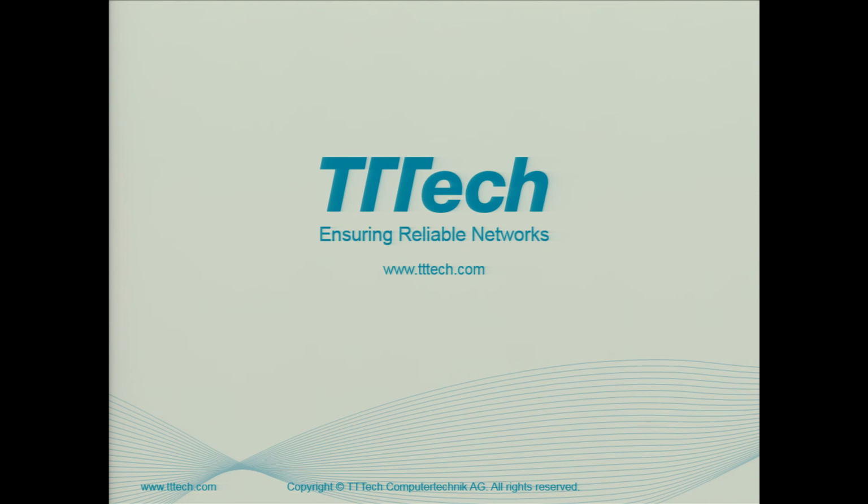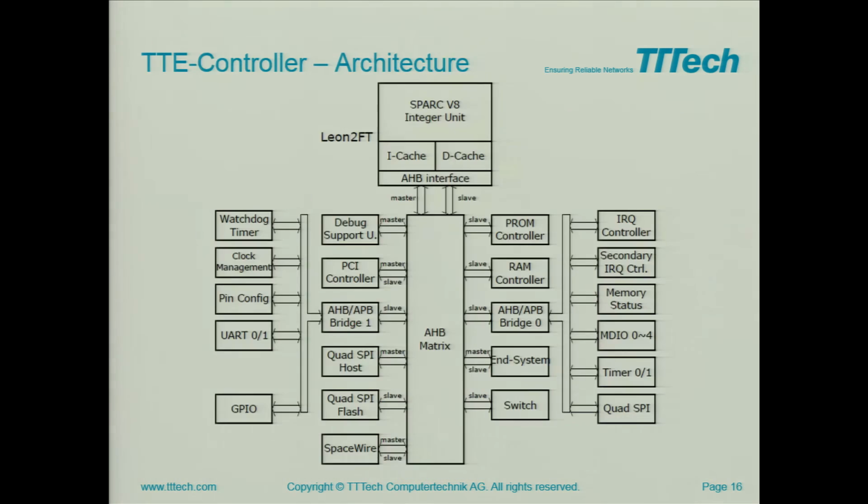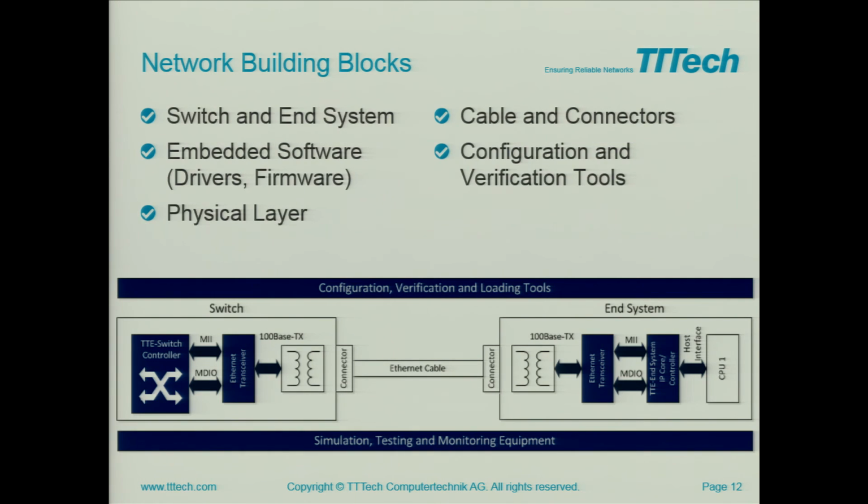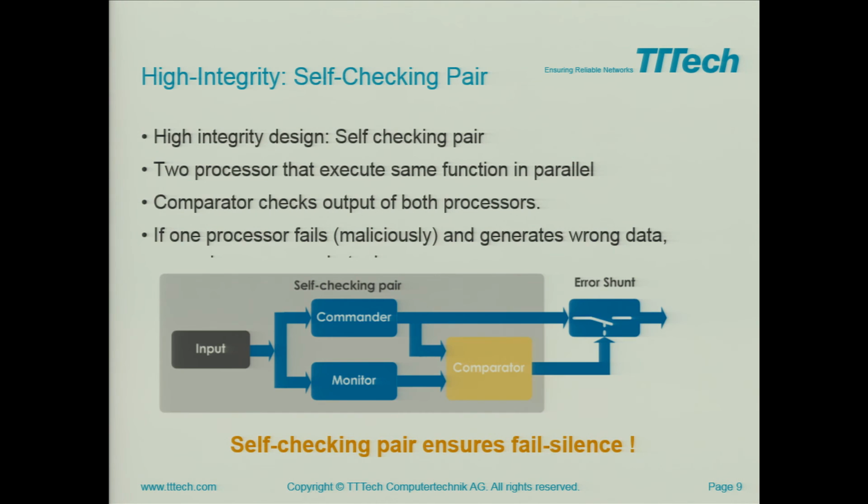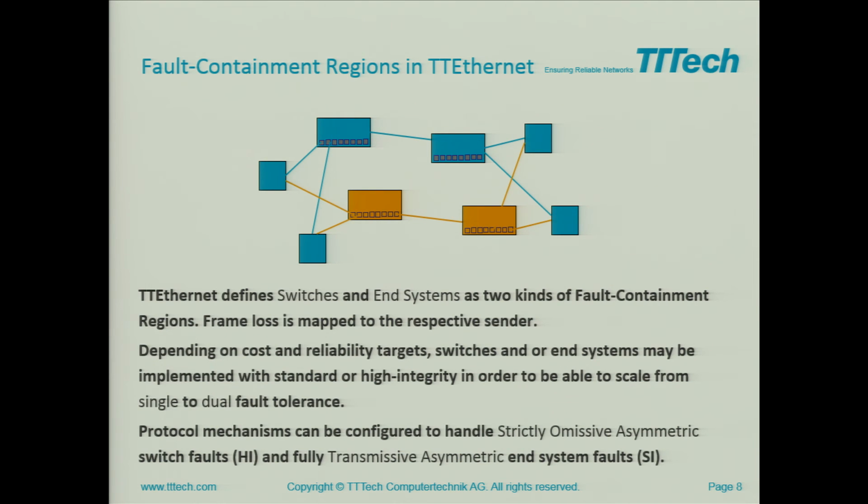Question: It wasn't quite clear to me who is doing the redundancy management. Is it in the switch, or are the processors still doing the voting? Answer: The network can only vote, or take an approach of voting, on the network level.